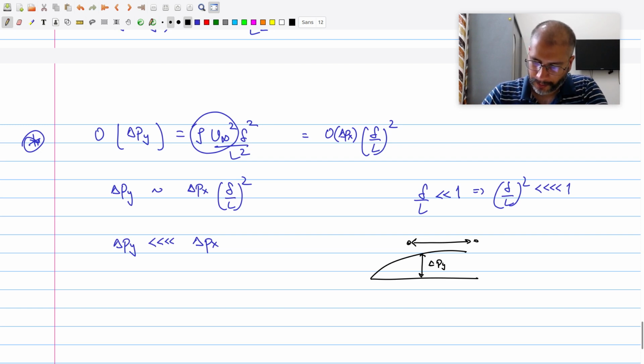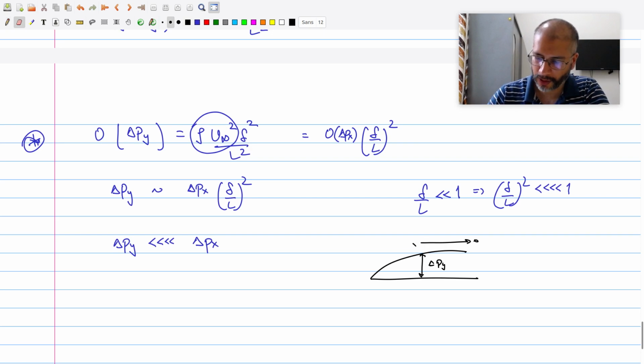Okay, and that's a very important idea. I briefly touched upon that in the last lecture. I said that we can assume that the pressure changes in the y direction inside the boundary layer are negligible. So whatever pressure we see outside the boundary layer is what we can impose on the inside of the boundary layer as well.